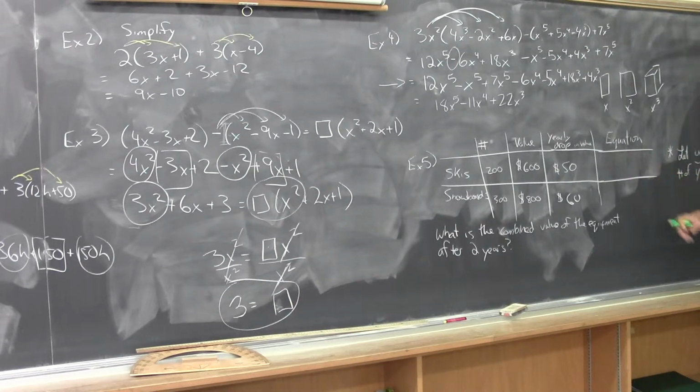So what would the equation be for the skis? Yeah, Michael? 200 times the bracket 600.